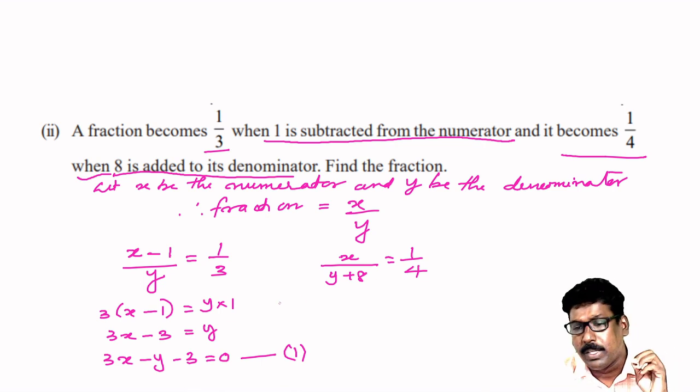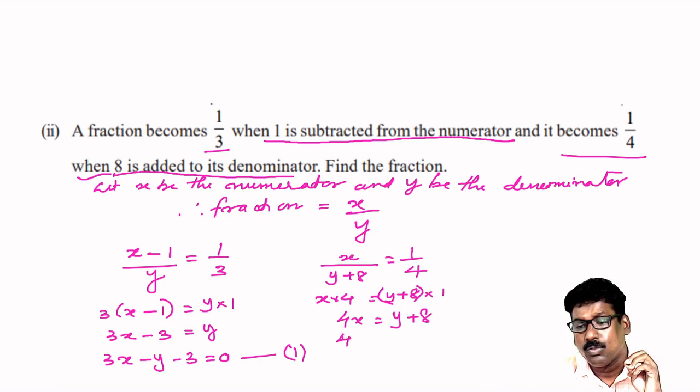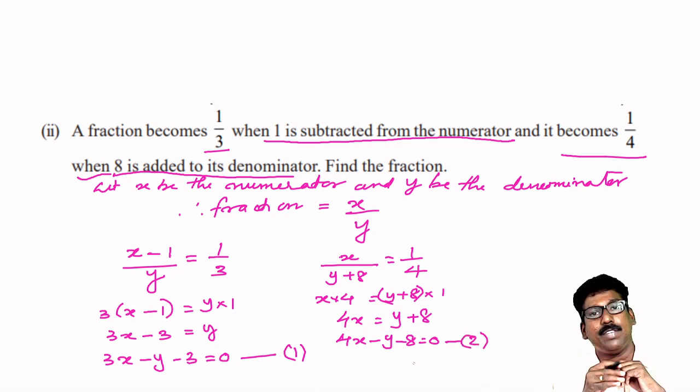Cross multiply, x into 4 is equal to y plus 8 into 1. 4x is equal to y plus 8. So taking terms together on one side, that is 4x minus y minus 8 is equal to 0. This is the second equation.